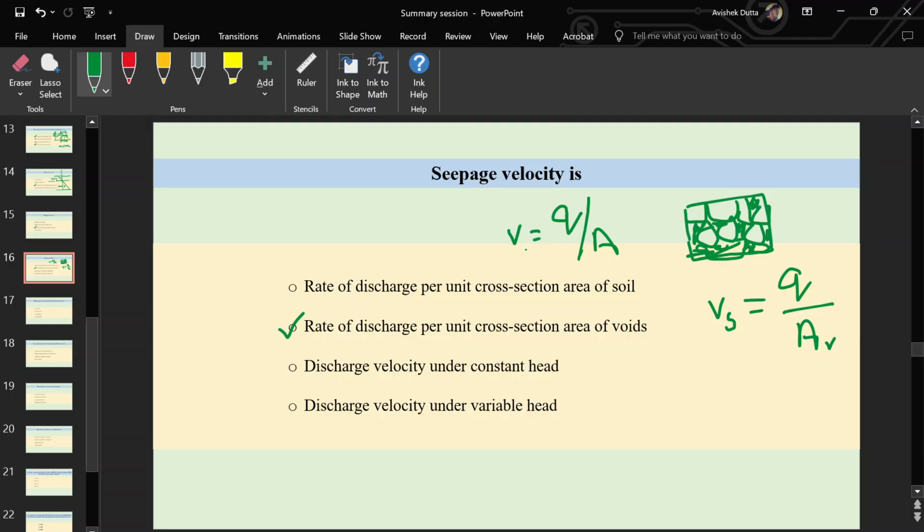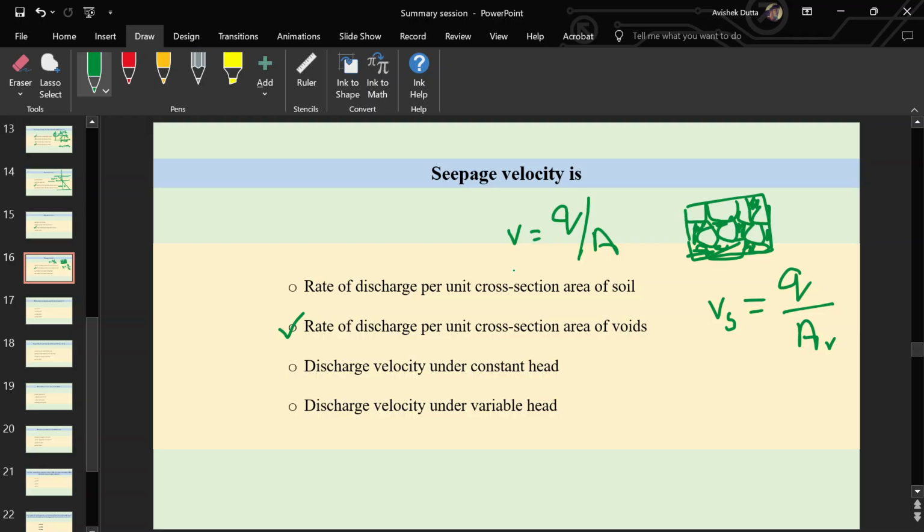Any validation or change in this statement that seepage velocity is more than discharge velocity? Correct, sir. Why? Because Av is less than A, obviously. I believe this concept is very important, because in practical considerations we don't actually go by the formula which we use while solving permeability or seepage using Darcy's law.